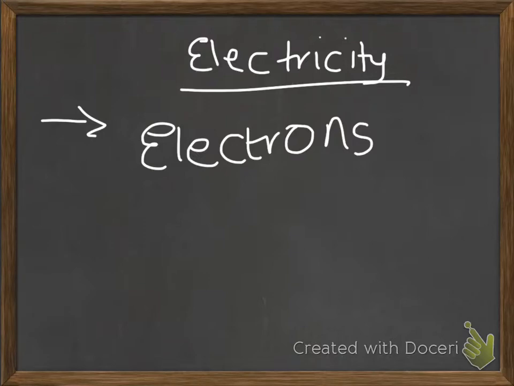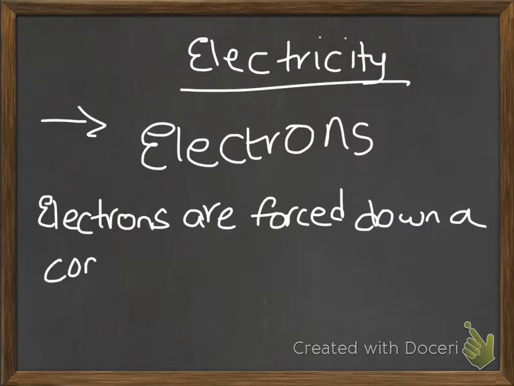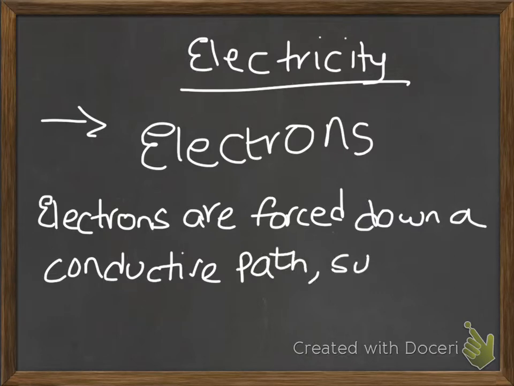Electricity is created when electrons are forced down a conductive path, such as a wire, in order to generate electricity.